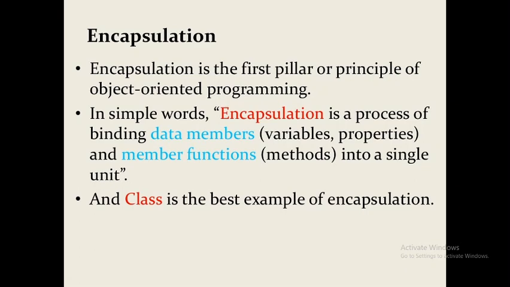So we are binding these data members and member functions together, and this particular binding is nothing but called encapsulation. Whereas we achieve encapsulation in object oriented programming language by means of the class. So class is the best example of encapsulation.